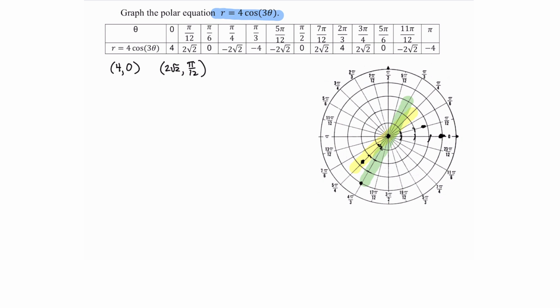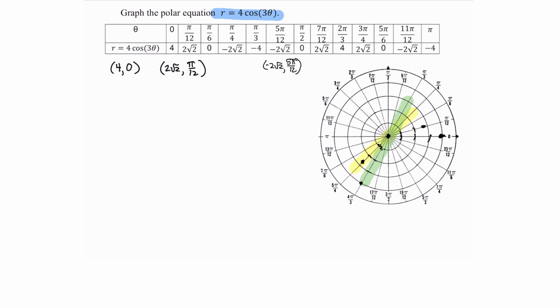Next we have 5 pi over 12 with the negative 2 square root of 2. So the ordered pair again is written as negative 2 square root of 2 comma 5 pi over 12. So we're going to face the 5 pi over 12, but we're going to walk backwards on that.